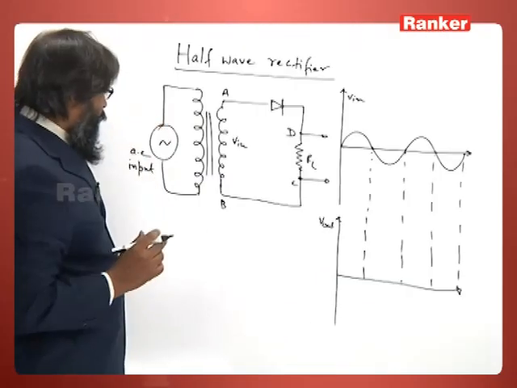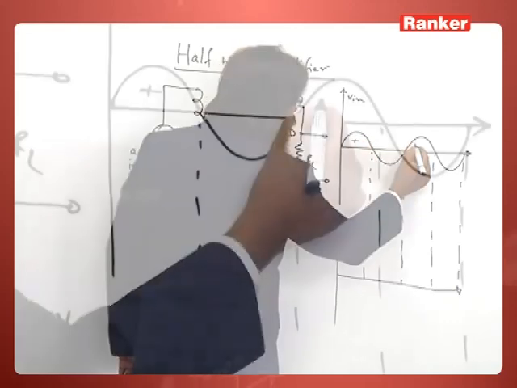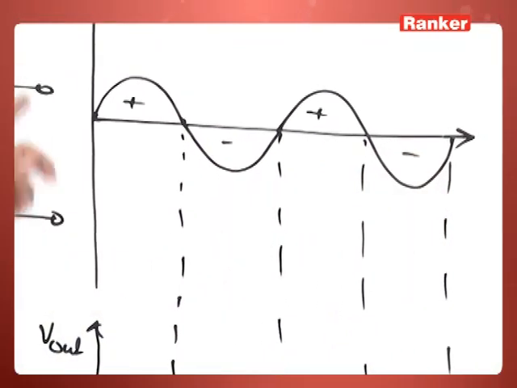Now, what happens? These cycles are positive cycles and these cycles are negative cycles.